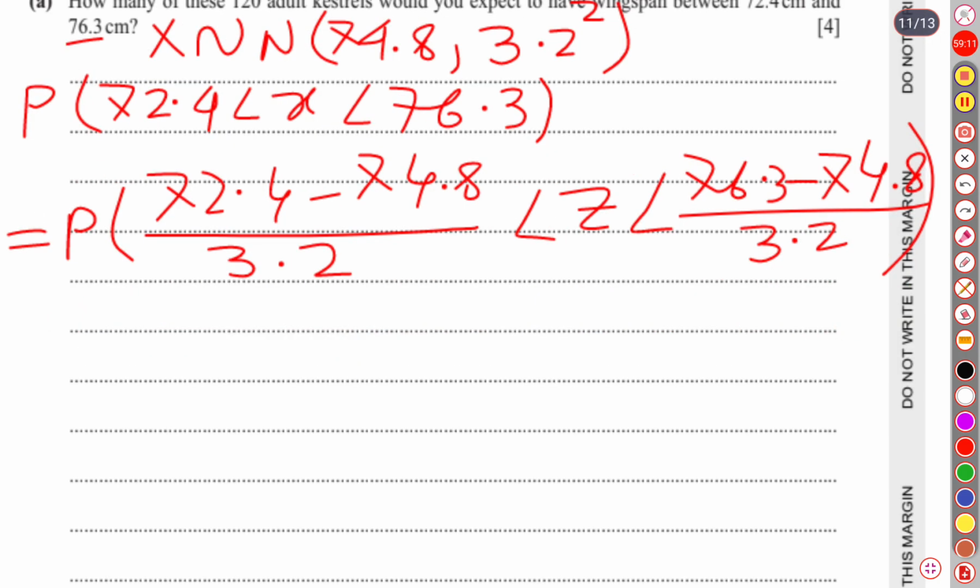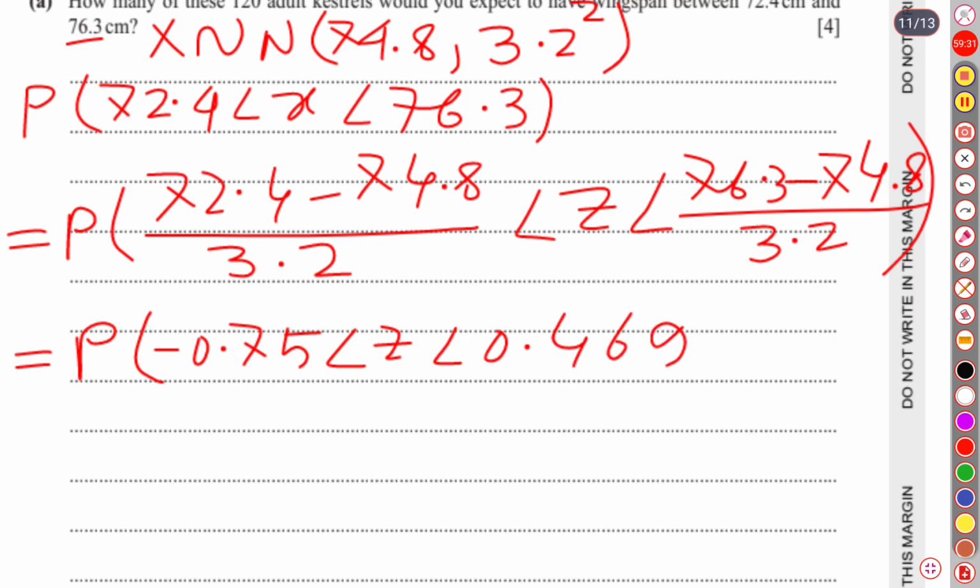Using a calculator, our first z score is negative 0.75, and the second z score is 0.469. So we'll have to find the probability when the z score ranges from negative 0.75 until 0.469.